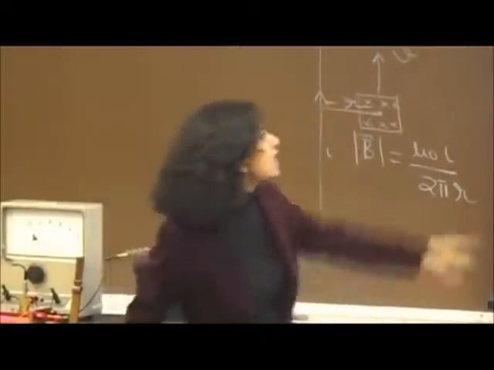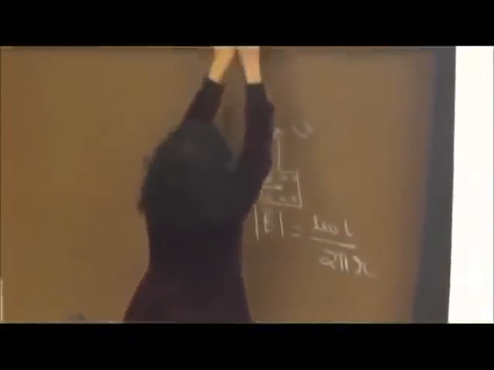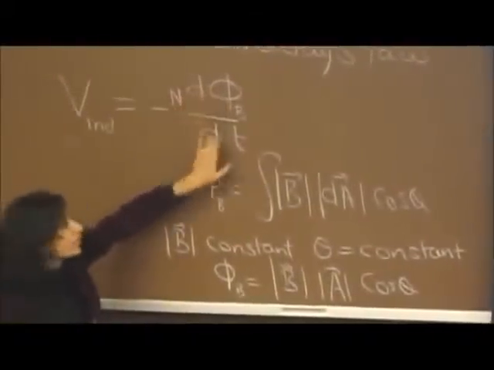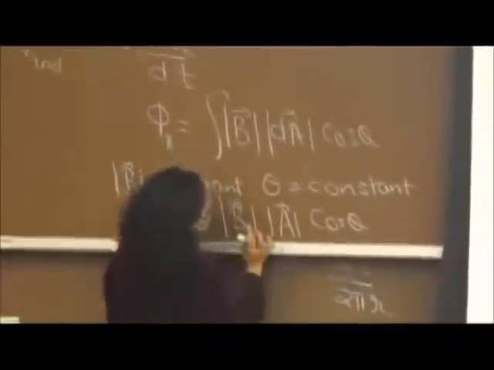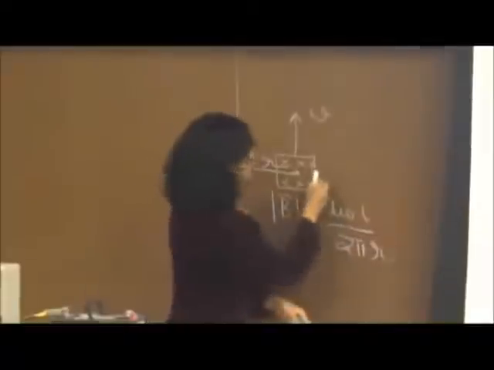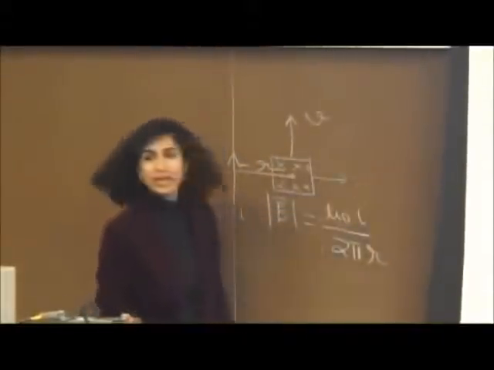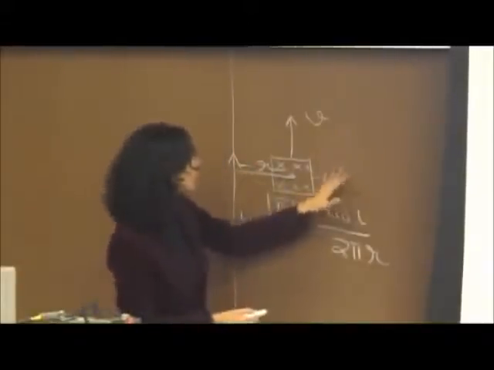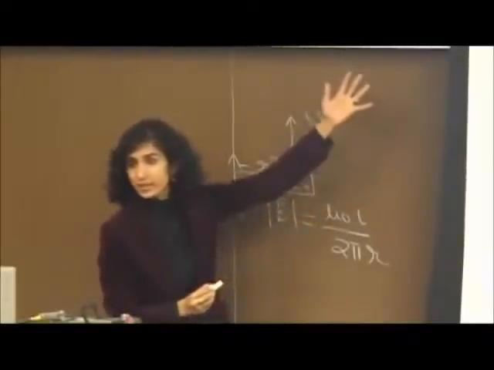Why? Because in 1 the largest EMF is induced. Notice that not only should the flux be changing, how fast the flux is changing is important. d phi over dt, that means the rate of change of flux. If you pull this thing with the velocity in that direction, you can see that's a really fast increase compared to moving it with the same speed but in a different direction like this.